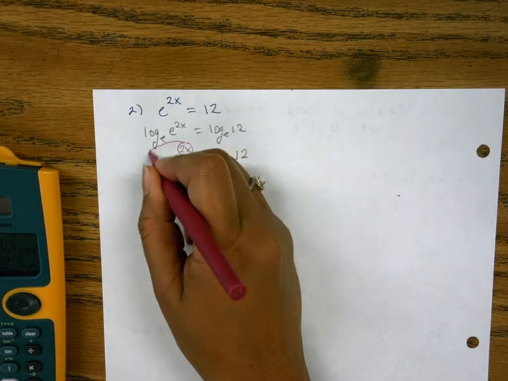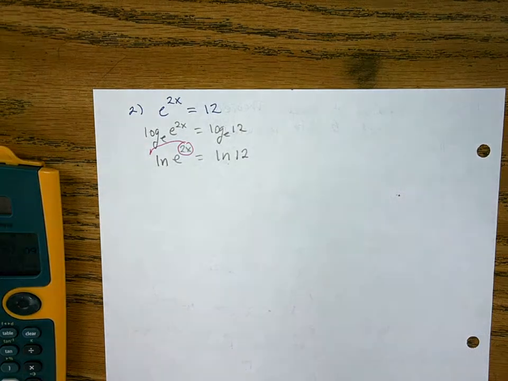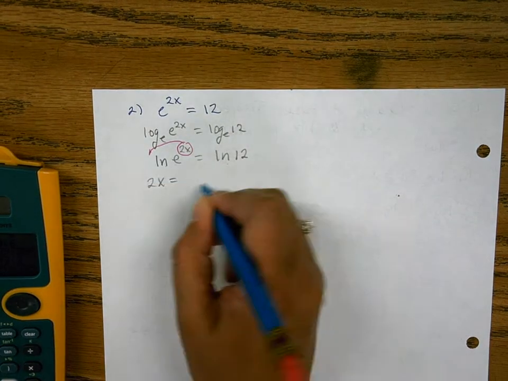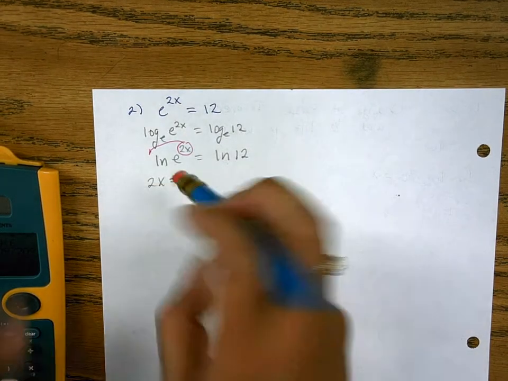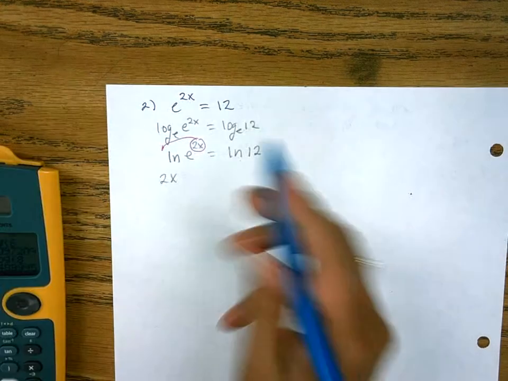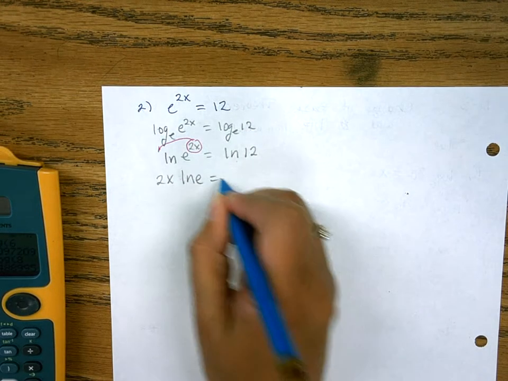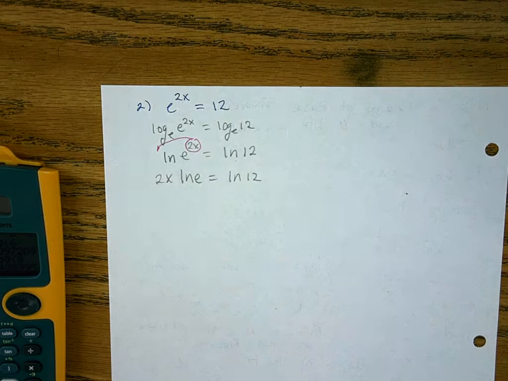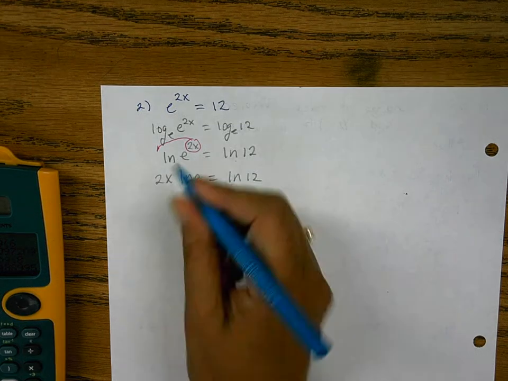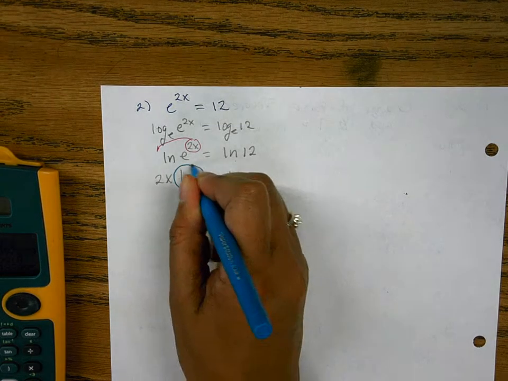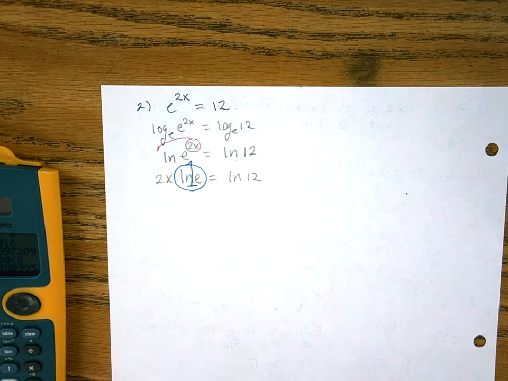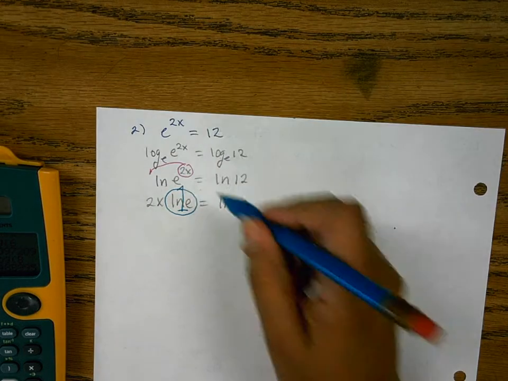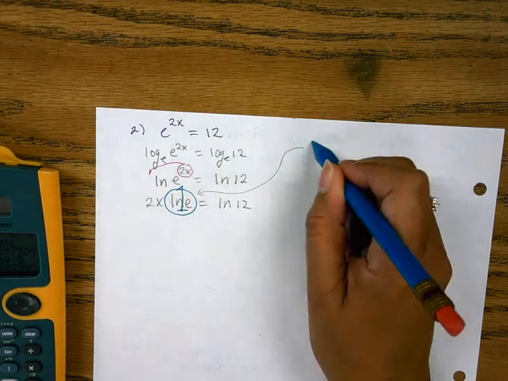Log base e, ln. Okay, the 2x gets kicked to the front. So we have 2x times ln of e equals ln of 12. Now, you can divide both sides by ln of e. You can, but I'm hoping you recognize that ln of e actually equals 1.